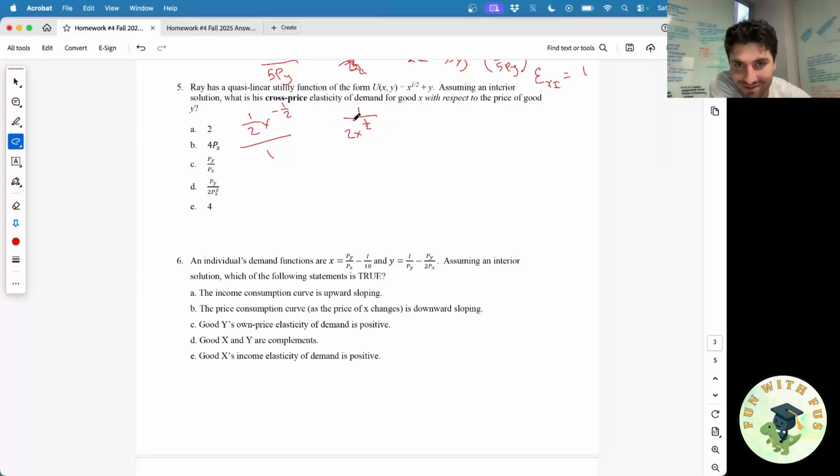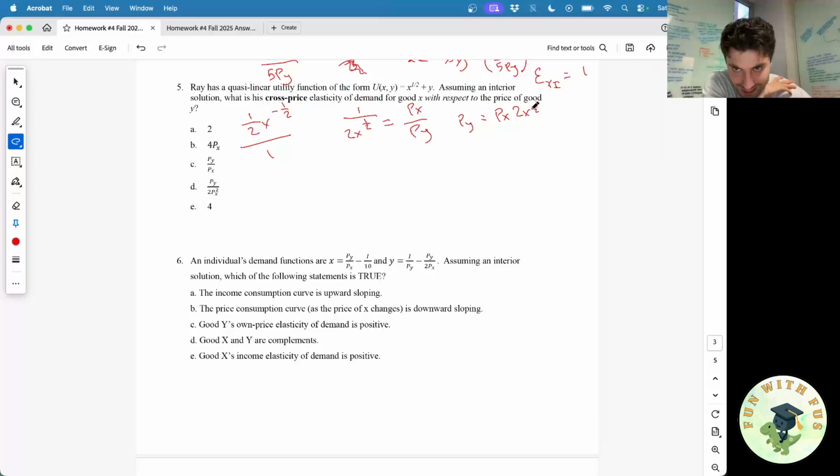I don't know how I want to write it, but let's get our MRT equal to MRS. And I'm going to get that py is equal to px times x to the 1/2. I think we're good there.